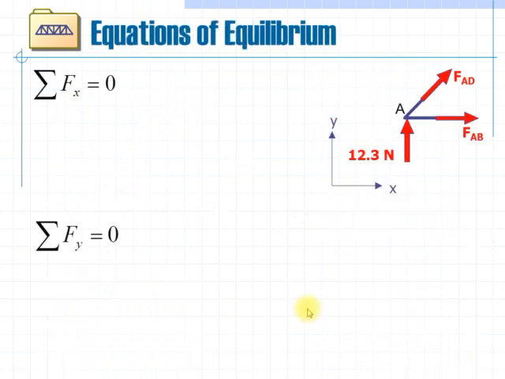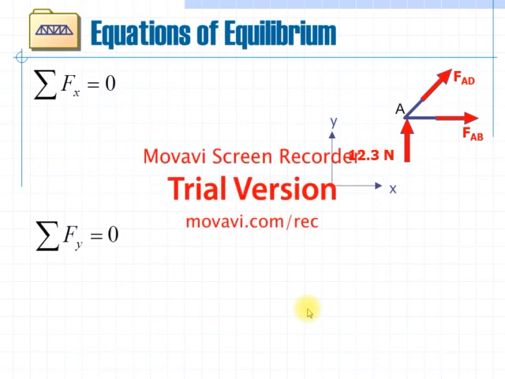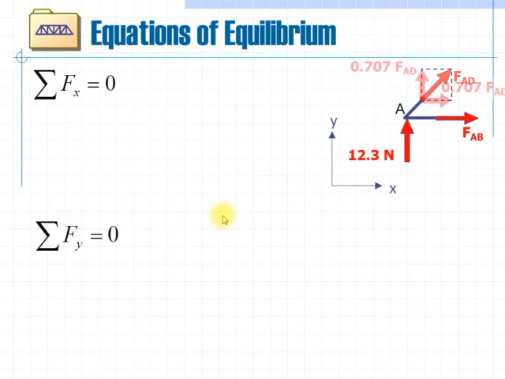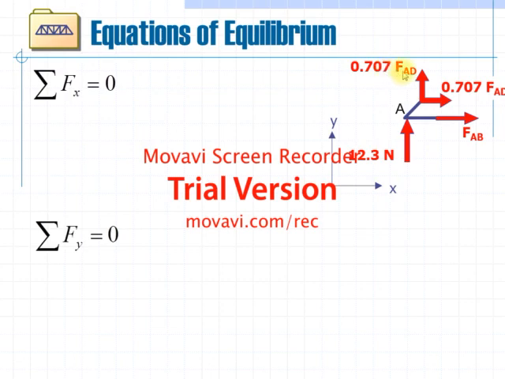Now, using equations of equilibrium, we calculate FAD and FAB. The first equation is summation of Fx is equal to 0. The resolution of these forces is 0.707 FAD.